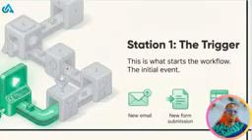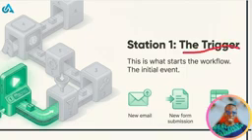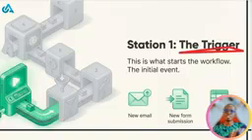So let's begin to look at each of the core parts of an AI automation. The first part is what I call the trigger, what will start the automation. This is what starts the workflow, the initial event. Think of it as a new form submission, a new email, or a new tweet.